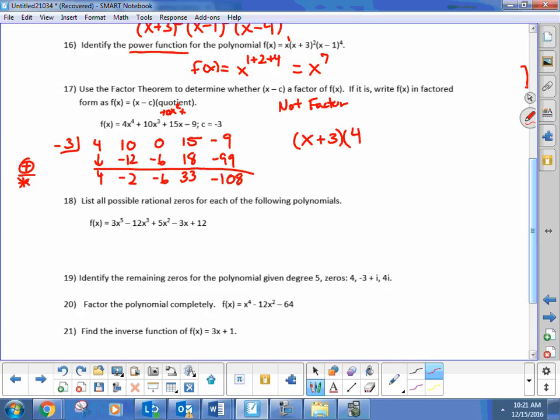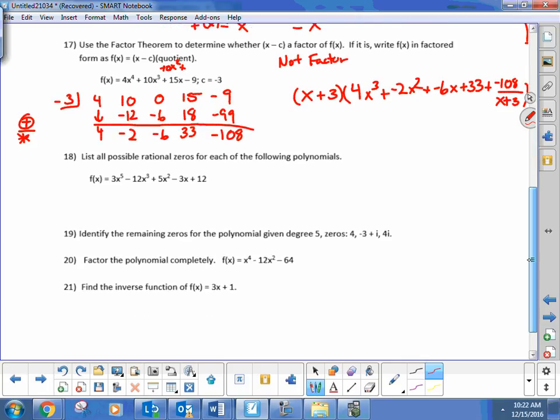So this is 4x cubed plus negative 2x squared plus negative 6x plus 33 plus negative 108 divided by this x plus 3. That's how you write it in factor form.